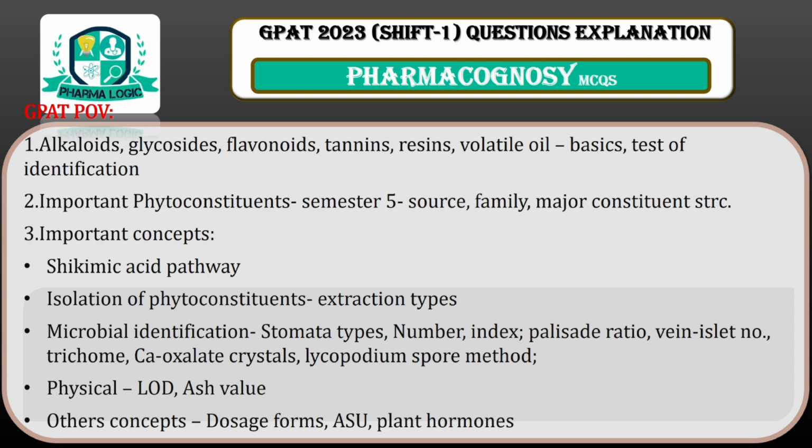And important concepts like shikimic acid pathway, extraction types, and microscopic identification like stomatal number, stomata types, calcium oxalate crystals, lycopodium spore method that we have discussed earlier, LOD and ash value concepts, and Indian systems of medicine like Ayush, Siddha, and Unani, their principles, and plant hormones and dosage forms you have to discuss and read.